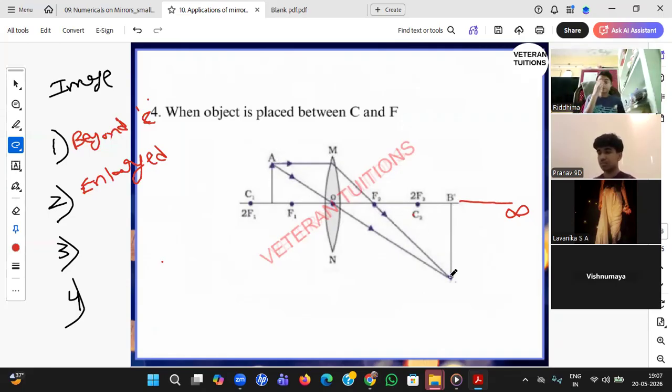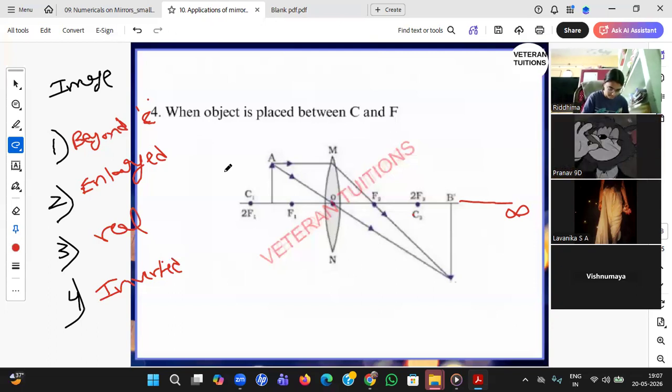Or else you see, sir, my image is inverted; I'm able to see it clearly. If inverted comes, real comes. These are the 4 characteristics. That is the reason I said, students, if you just remember the concave mirror, the remaining will be exactly the same. Now, for the convex lens, you are giving the answer without doing it, just comparing with the concave mirror.